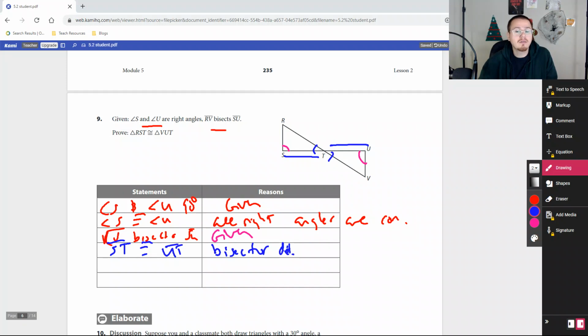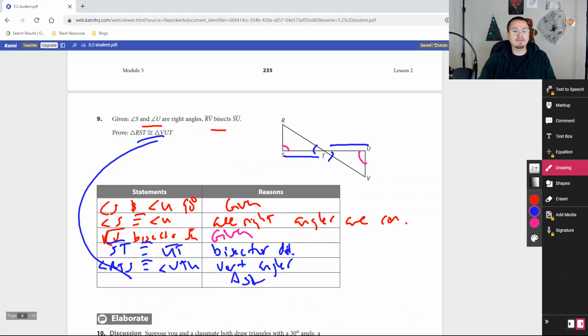And you should know that these are congruent because I'm hoping that your brain's tinging, bling blinging. Vertical angles. And now you have proved that these two angles and the included side are all congruent. Therefore, via ASA, your triangles are congruent.